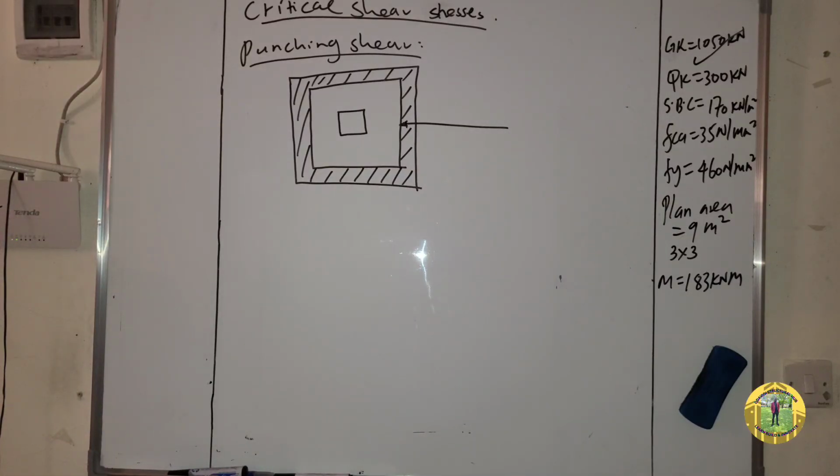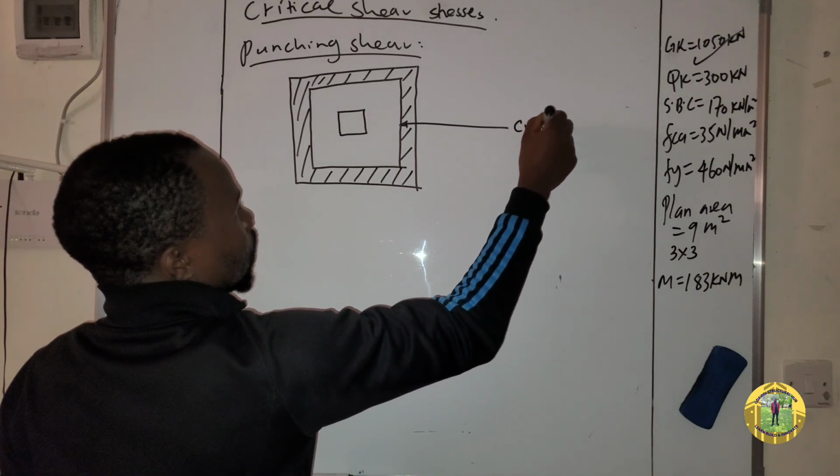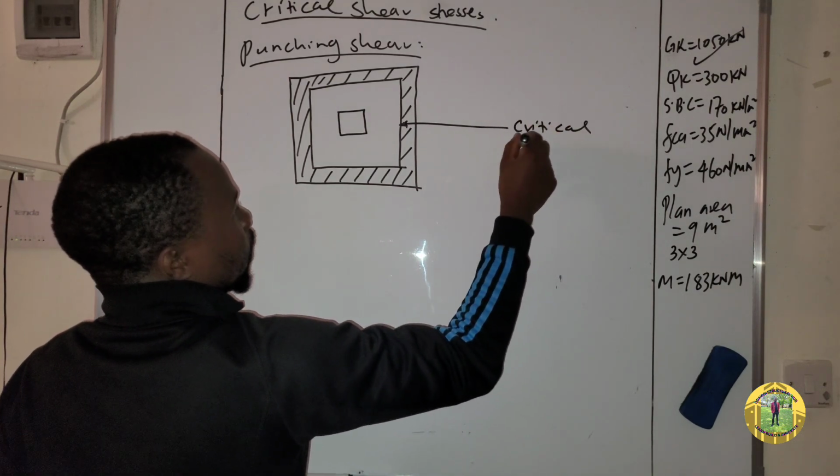So this is the critical perimeter for punching shear.